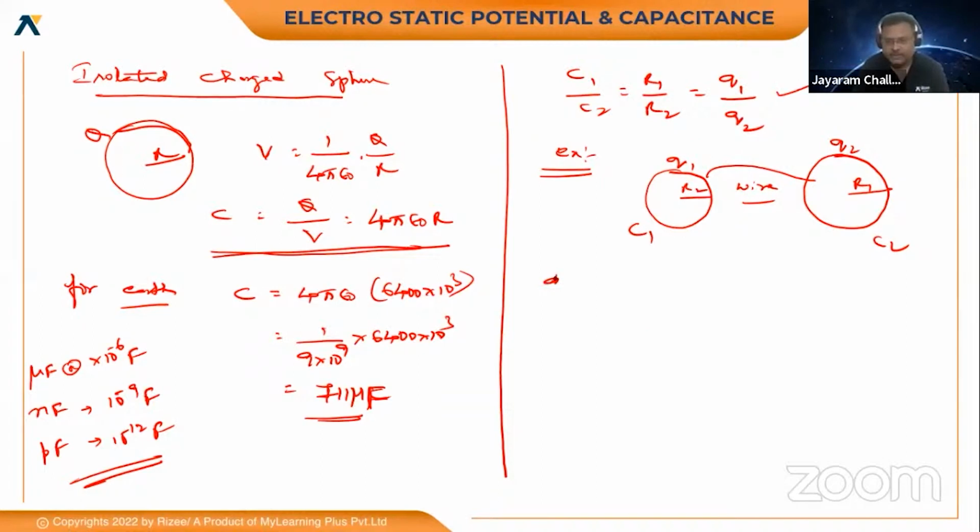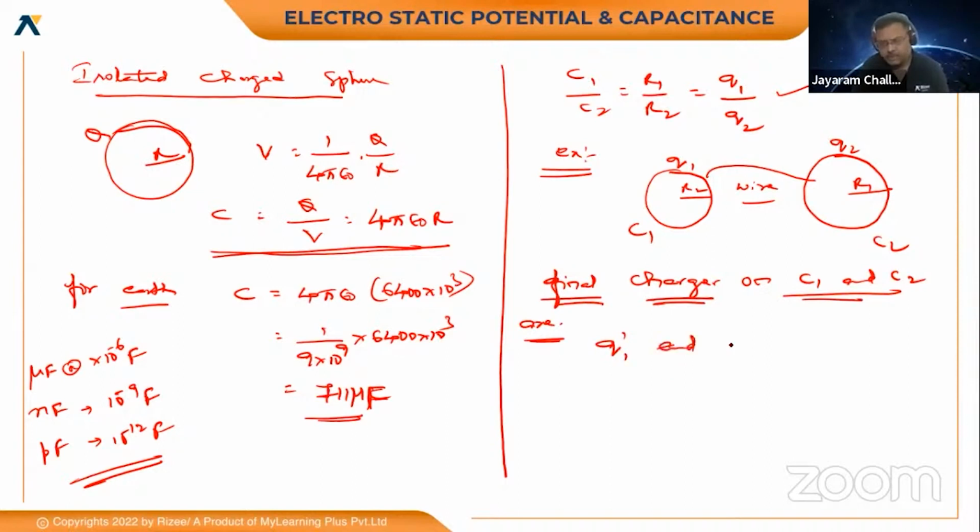The final charges on C1 and C2, let them be Q1 dash and Q2 dash. Then Q1 dash is equal to C1 by C1 plus C2 into the total initial charge Q1 plus Q2.